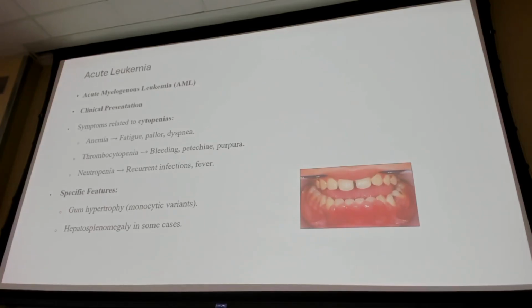And then neutropenia, recurrent infections. Right? Everybody can kind of grasp that in their brain. Special features: monocytic variants produce gum hypertrophy, and then hepatosplenomegaly in some cases. So typical symptoms are related to whatever cytopenia they exhibit, and could be all of the above.